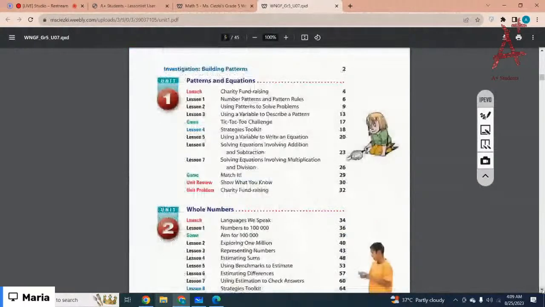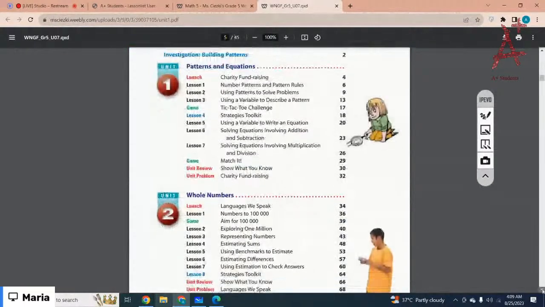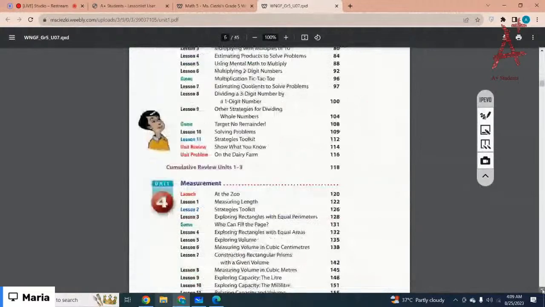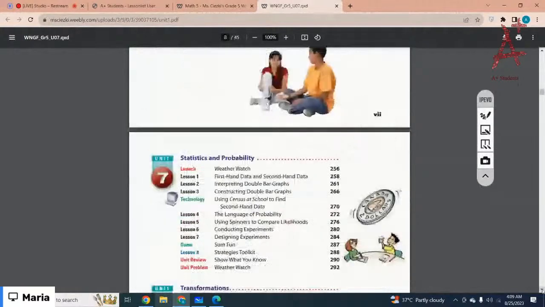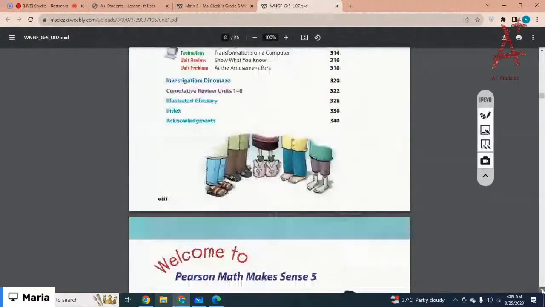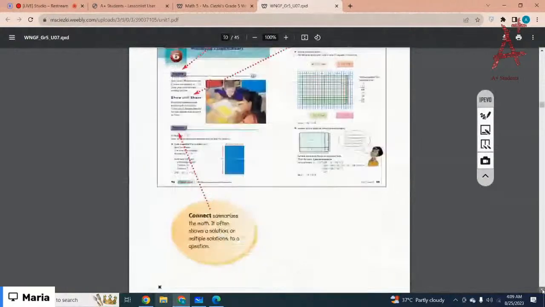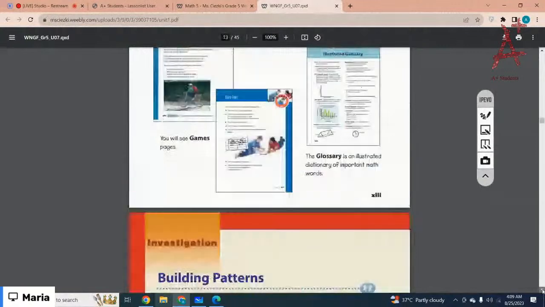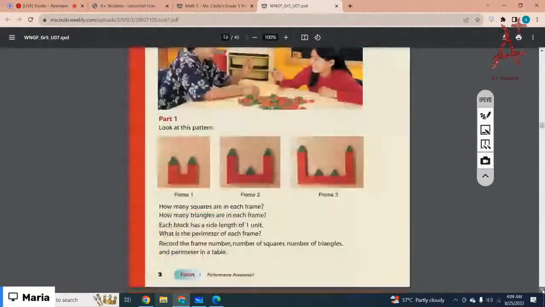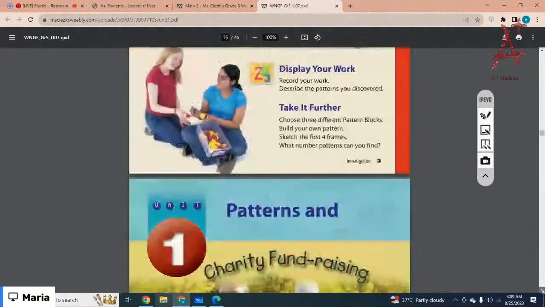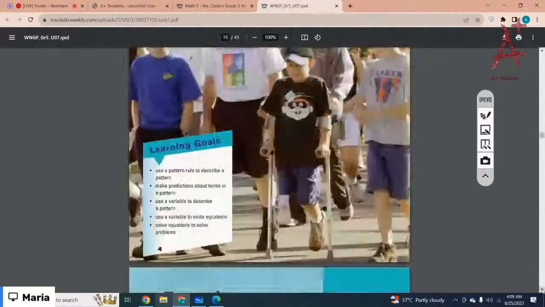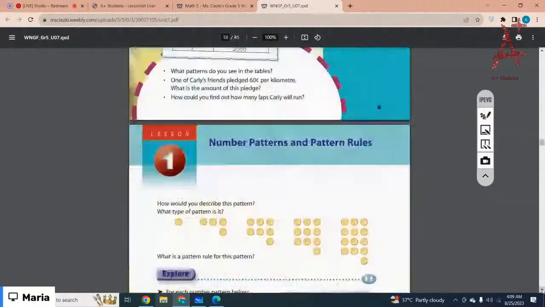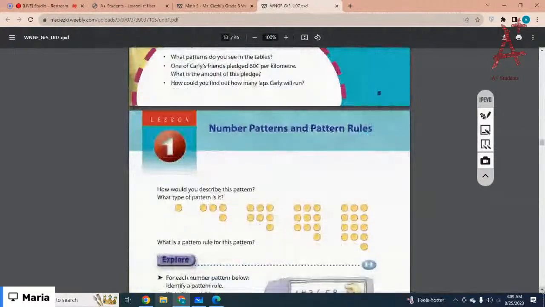So we're going to start with chapter 1, that is patterns and equations. Okay, here is chapter 1, that is number patterns and pattern rules, right? Let's just start with lesson 1.